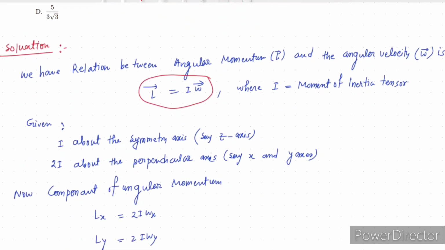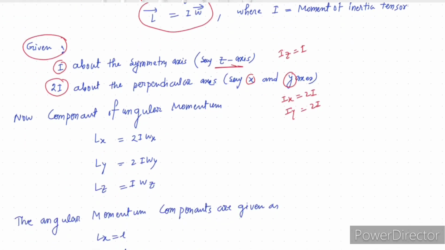Here, the moment of inertia about the symmetric axis, the z axis, is I, and about the perpendicular x and y axes it is 2I. It means Iz equals I, Ix equals 2I and Iy equals 2I, as mentioned in the question.